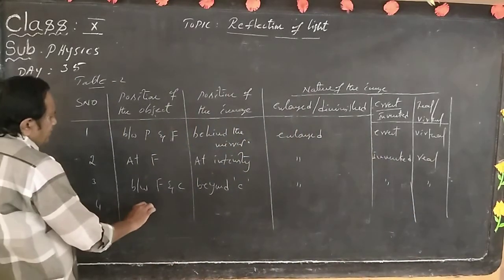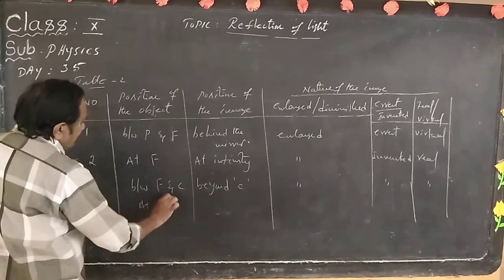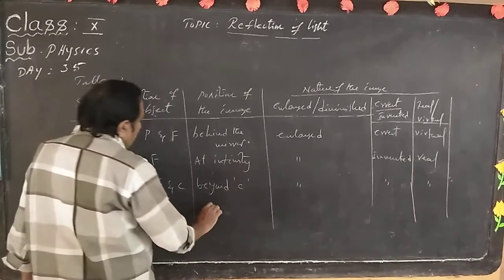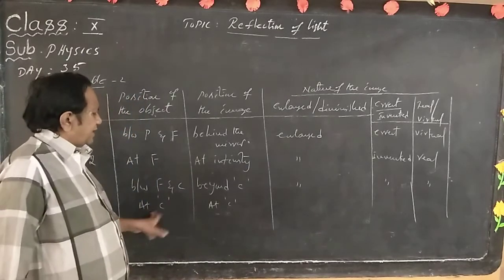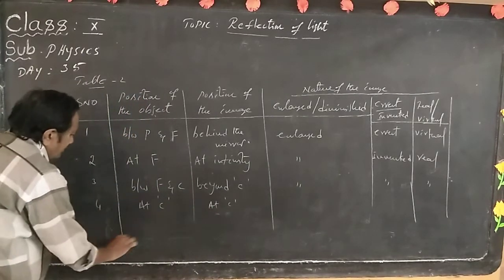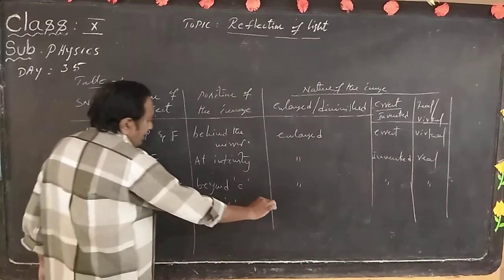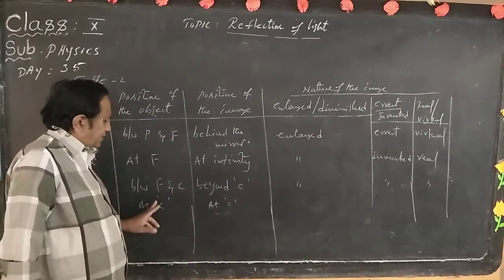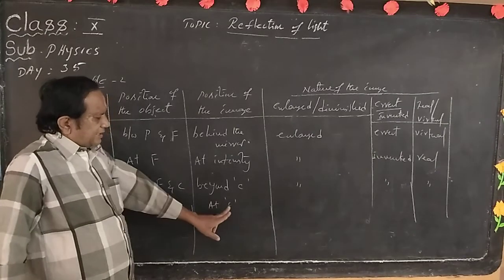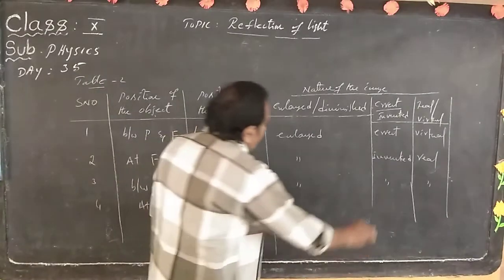Next, the object is placed at the center of curvature. The image is also formed at the center of curvature. The object distance and image distance must be equal in this condition. At C, C meaning center of curvature, the object is placed, and the image is also formed at the center of curvature.